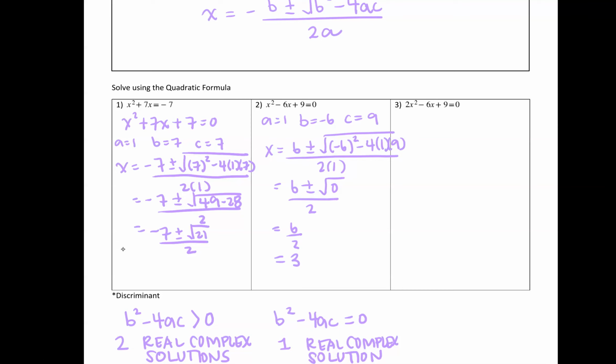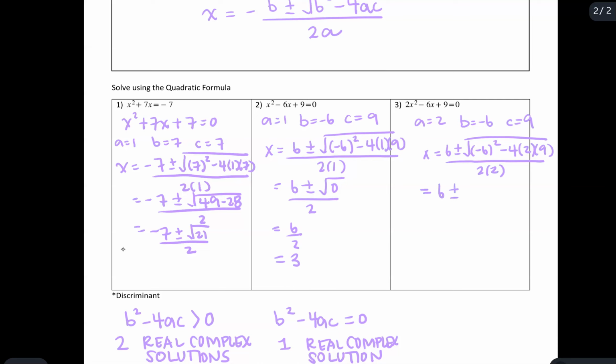Okay, last one. My a is 2, my b is negative 6, and my c is 9. So I'll have negative times a negative, which is a positive, 6 plus or minus the square root of negative 6 squared minus 4 times a times c, all over 2 times a. So it'll be 6 plus or minus the square root of 36 minus 4 times 2 times 9, which is 72, and then over 4.